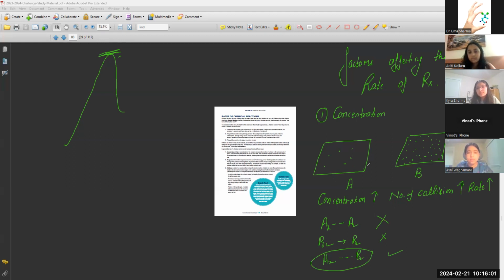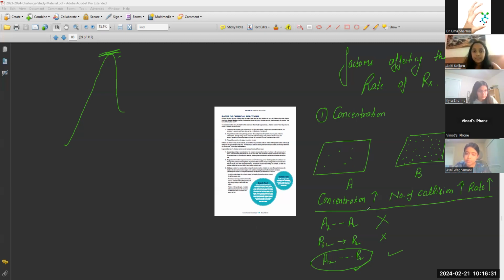When you increase the concentration, the probability, because we are not controlling it, they are colliding randomly with each other. The probability of this collision is higher. Then you can have more collisions of A2 with B2, and that's how the rate is higher. Avni, is it okay? Okay, you write on this, this part.